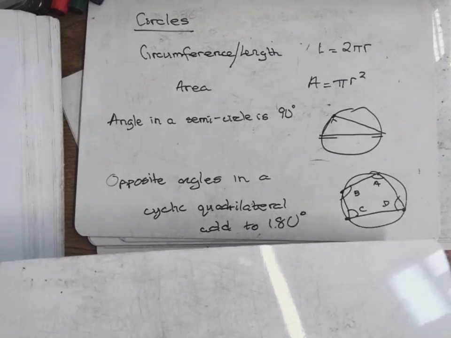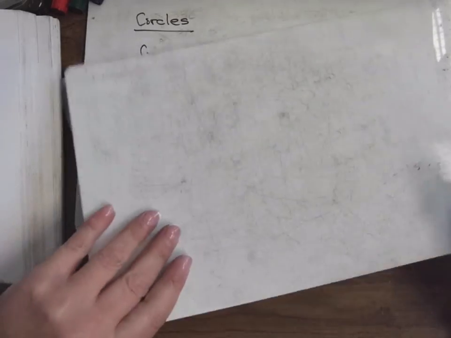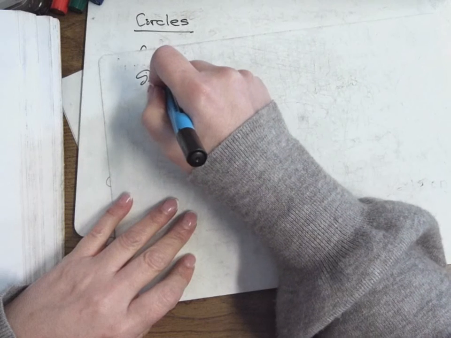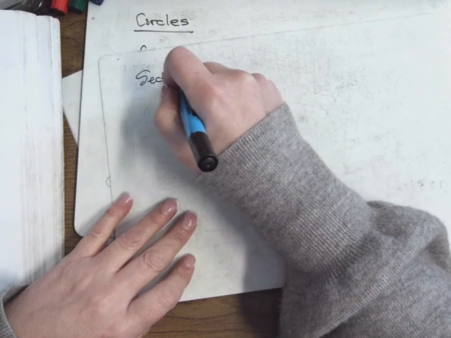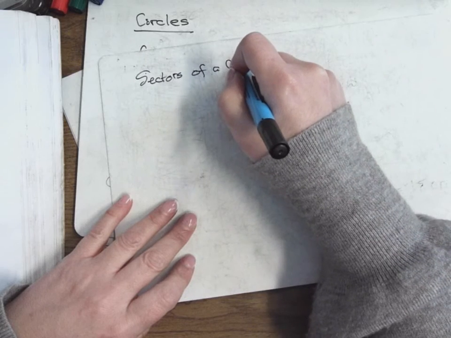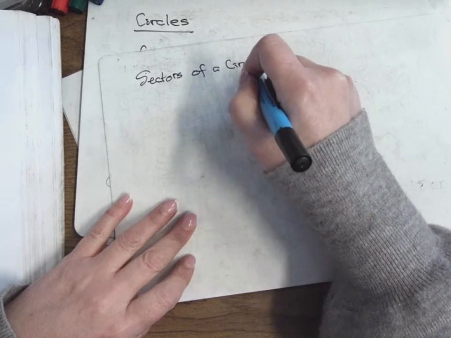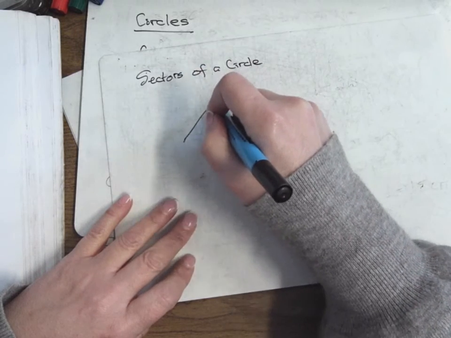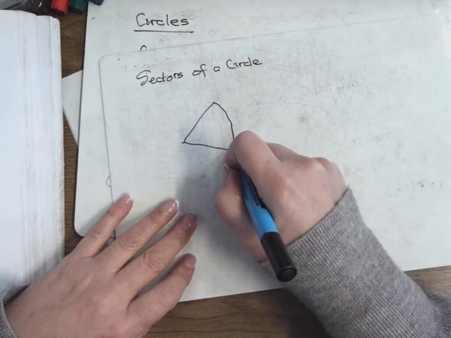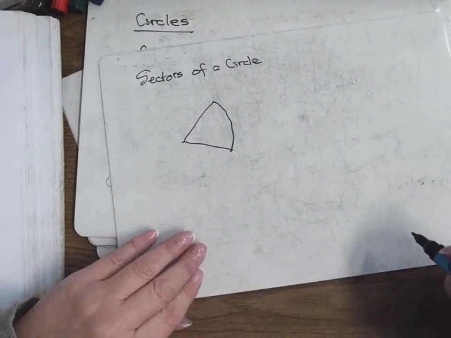So if we had something like this, that's a sector of a circle.